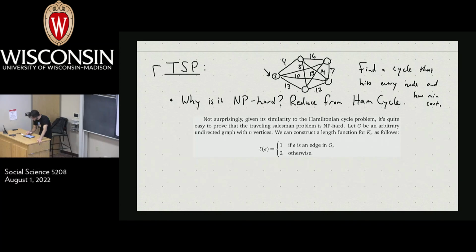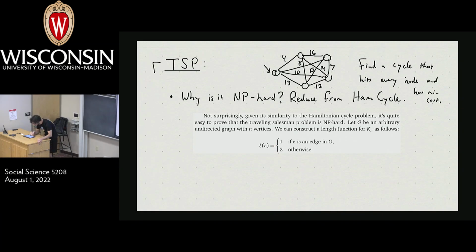So formally, to prove it's NP hard, you can use the following reduction. You just take your original graph and create the following weights for it. We're starting from Ham cycle, and we're reducing to traveling salesman problem. So I'm given some graph, and I'm turning it into a weighted graph with the weight function L.